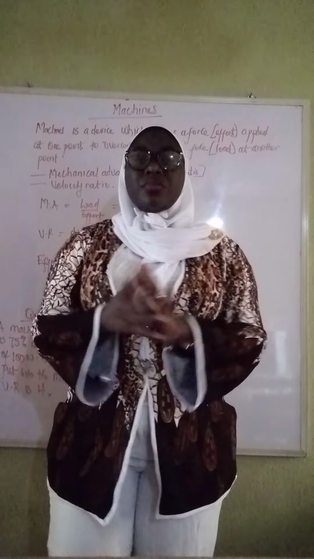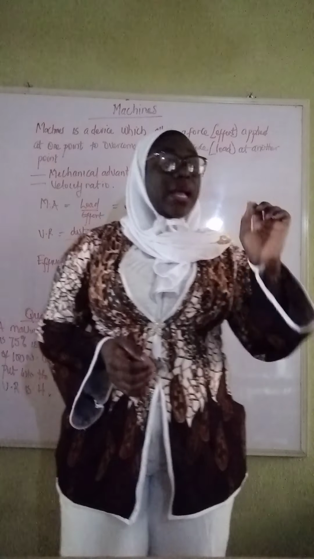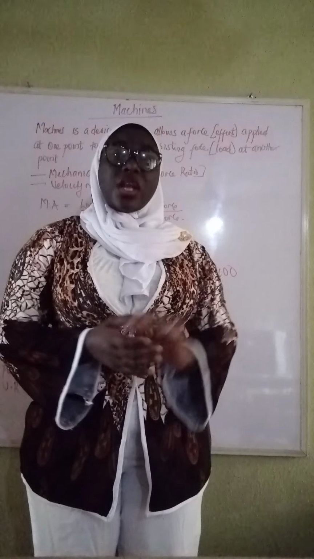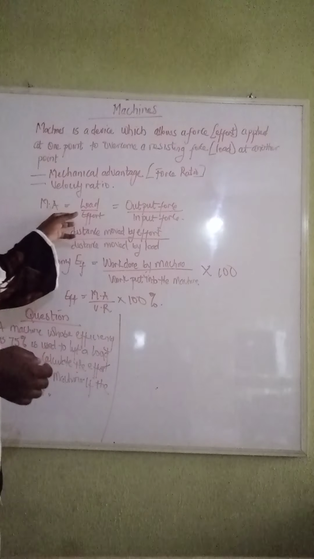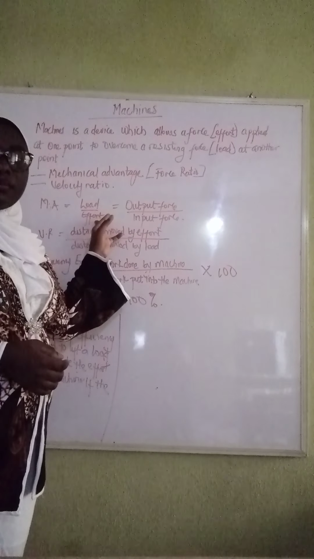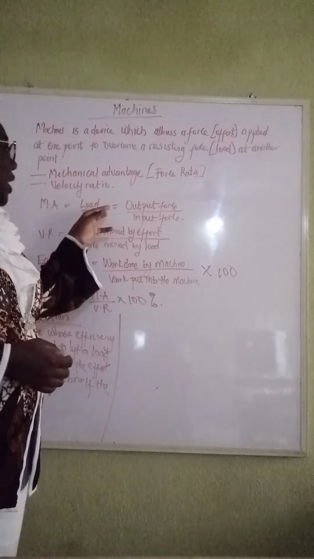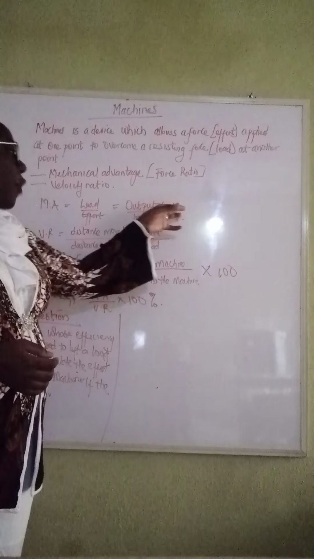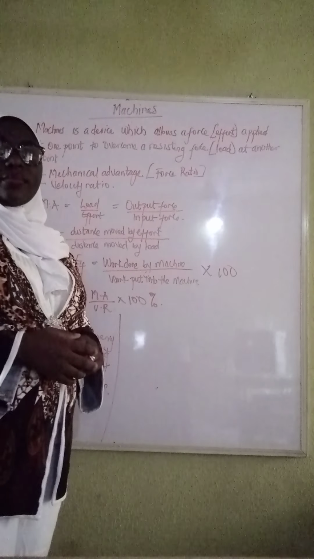Now, for your calculation on machines, you have to be familiar with two different words, which are the mechanical advantage and velocity ratio. The mechanical advantage is just the ratio of the load to effort. You can as well use the output force over input force.